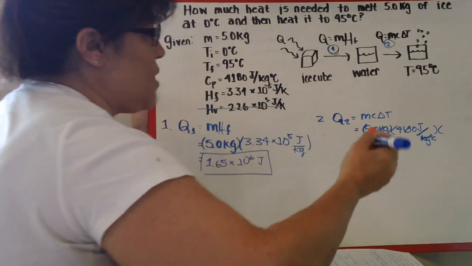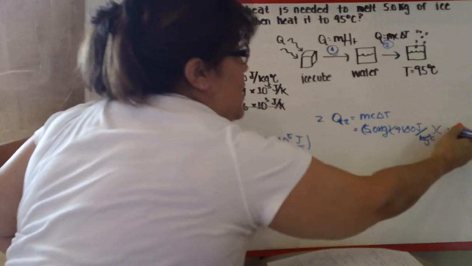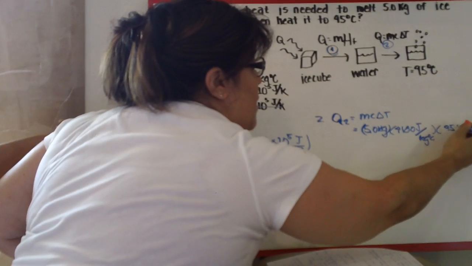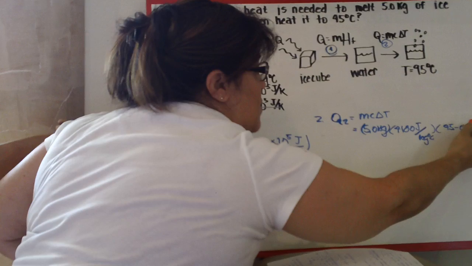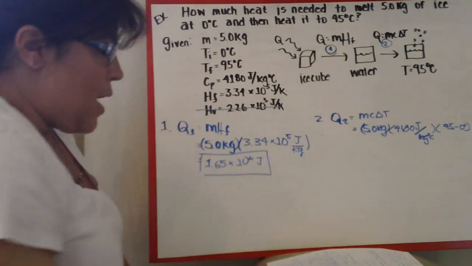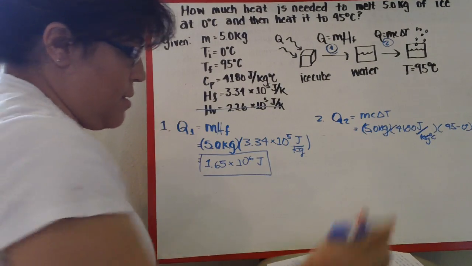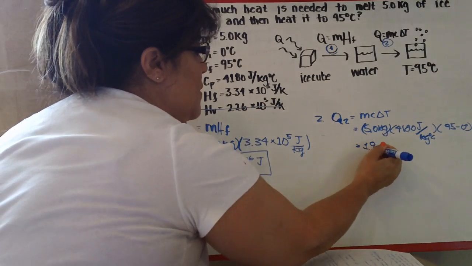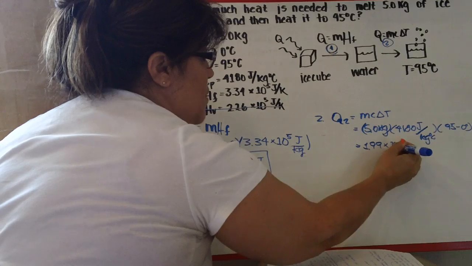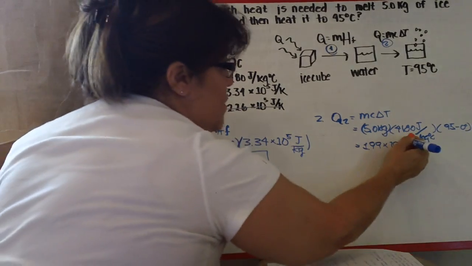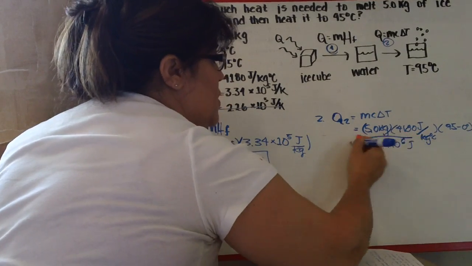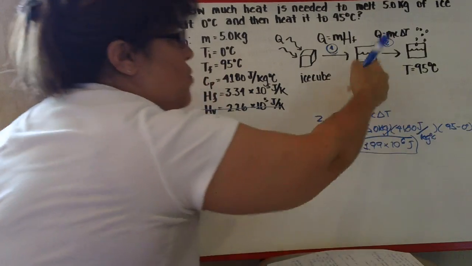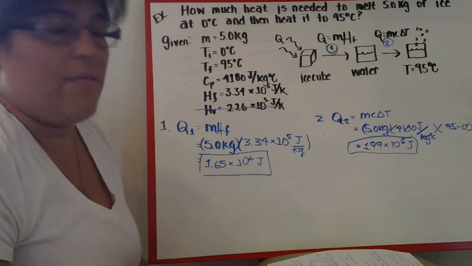And our change in temperature, our final temperature is 95, and our original temperature is 0 degrees. If we multiply that all together, we end up with 1.99 times 10 to the 6th joules. So this is how much heat is needed to raise the temperature from 0 to 95 degrees.